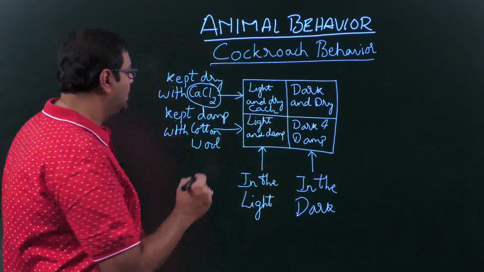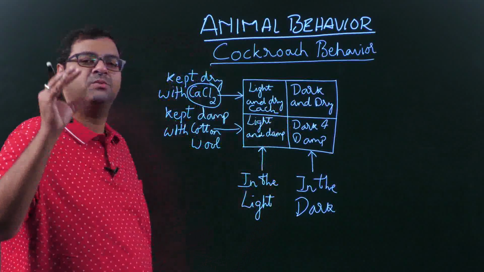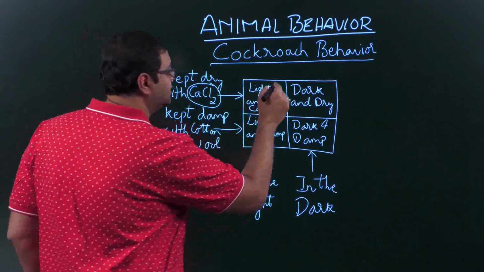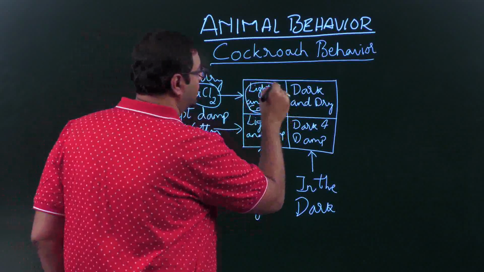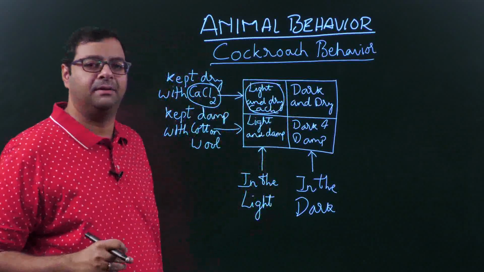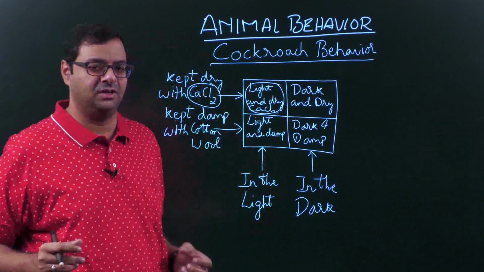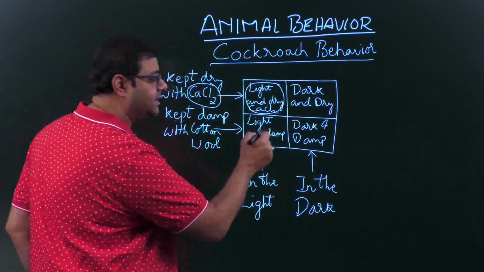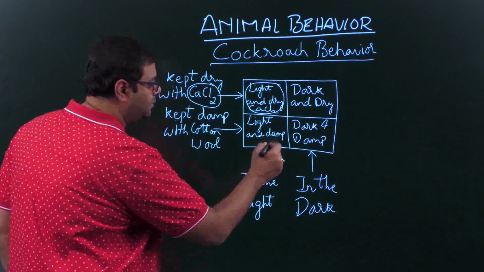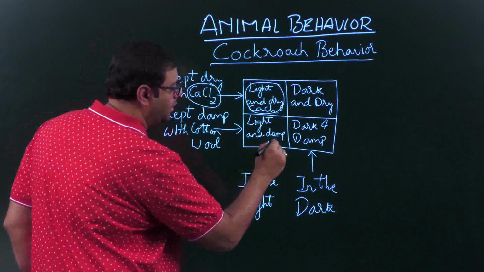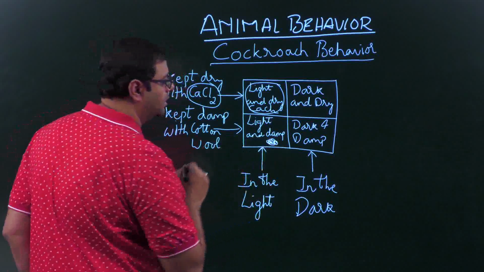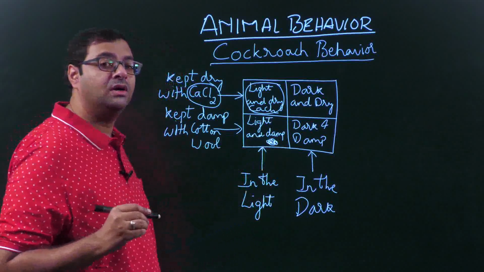Now what does this calcium chloride do? It absorbs all the moisture present in this particular compartment. In the second compartment, where there was light, they put cotton wool. This cotton wool was wet.